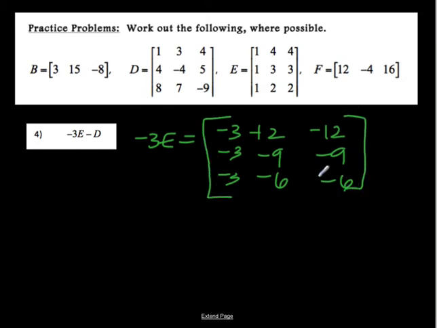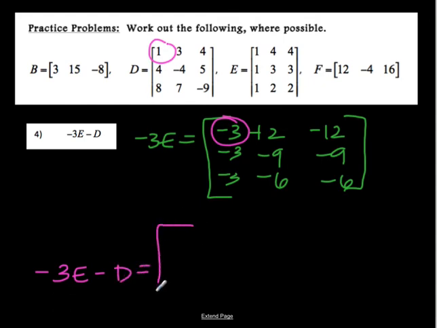And now we need to subtract D. Okay, so I would have negative 3 minus 1 will give me negative 4. So I'm just going to write this out. Negative 3E minus D will equal. So I have negative 3 minus 1 is negative 4. Negative 3 minus 4 is negative 7.